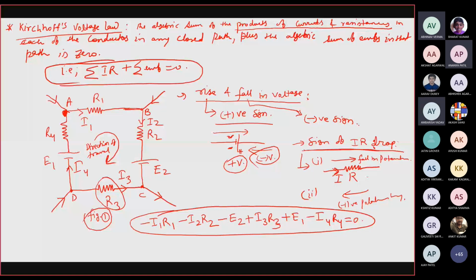Okay. So now let us see some examples of the KVL. First one is the very basic one. I just want to see whether you have understood or not. Let us consider this simple circuit having only different DC sources in it.